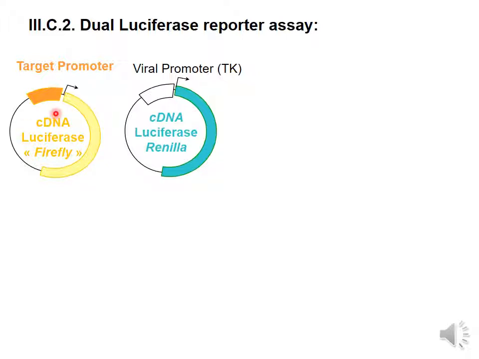The two luciferase genes are contained in different plasmids and regulated by different promoters. Firefly is regulated by a target promoter for which we want to study the regulation. And the Renilla gene is regulated by a viral promoter that is low but constitutively expressed.